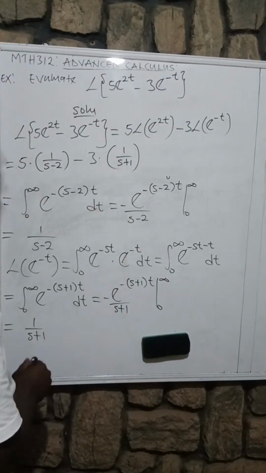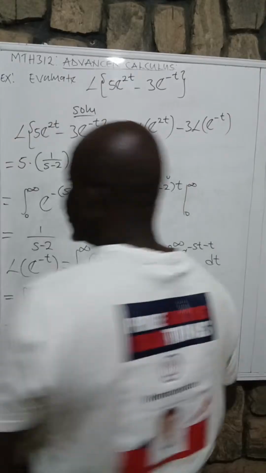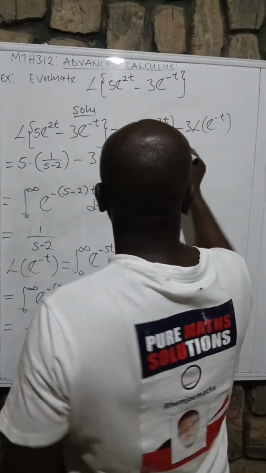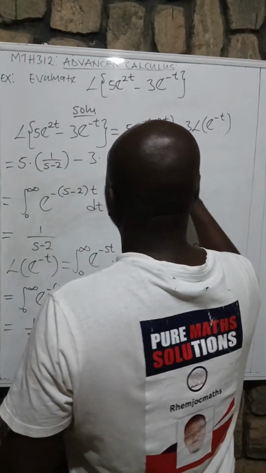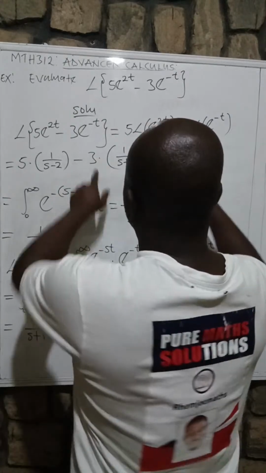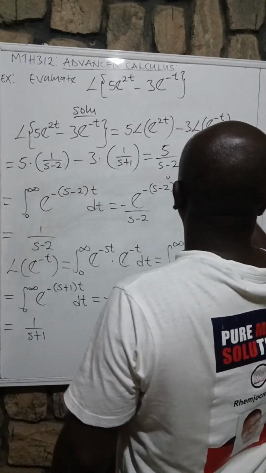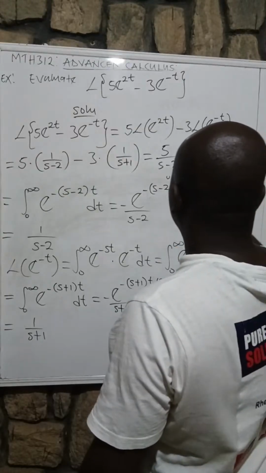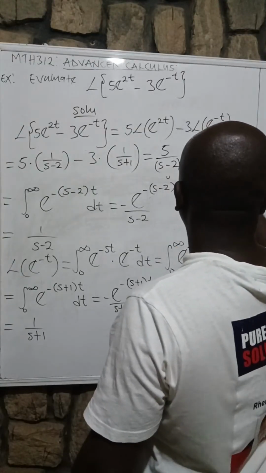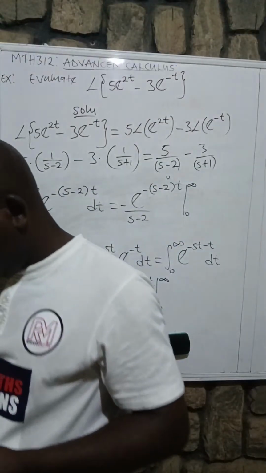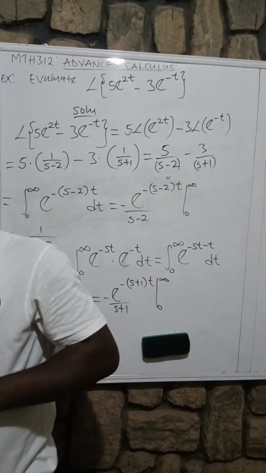Then this is equal to 5 times 1 is 5 all over s minus 2, minus 3 times 1, 3 all over s plus 1. So this is the answer.